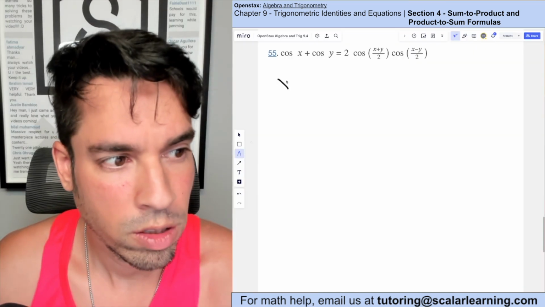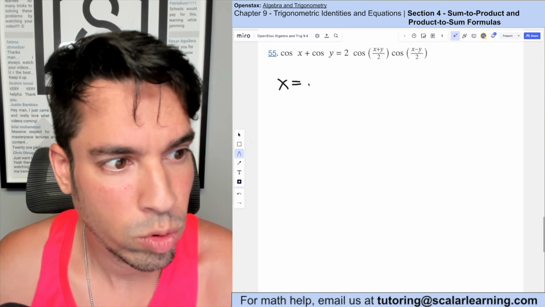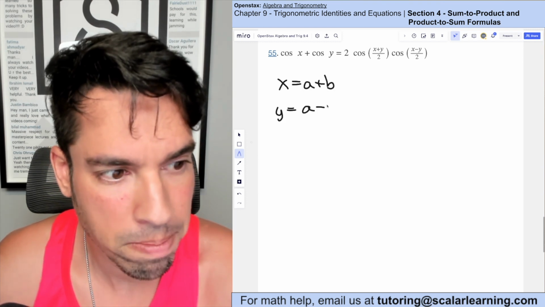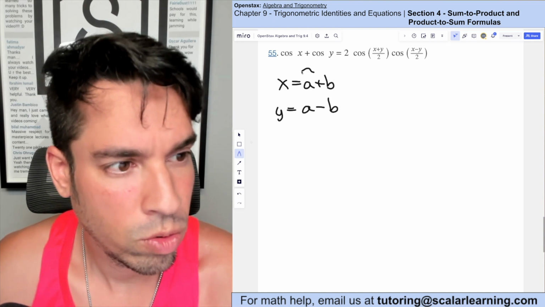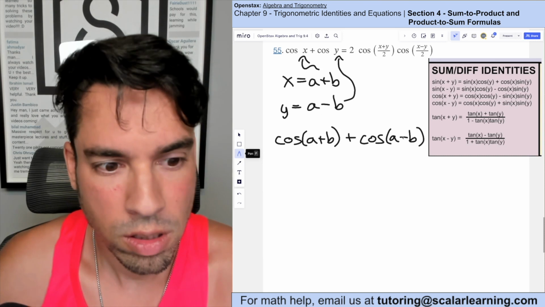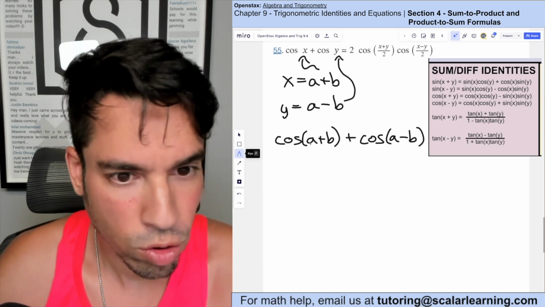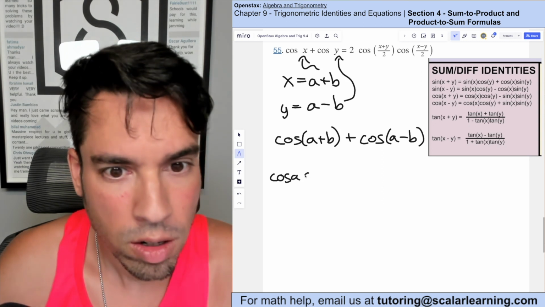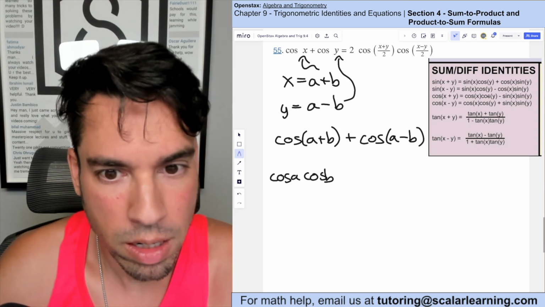So for this one, we're going to start by setting x equal to a plus b and y equal to a minus b. Then I'm going to substitute this in here, and I'm going to substitute this in here for y. Now I'm going to use the sum and difference formulas to simplify. So cosine of a plus b is going to be cosine A cosine B, right?